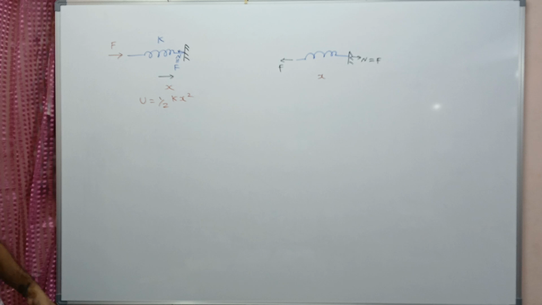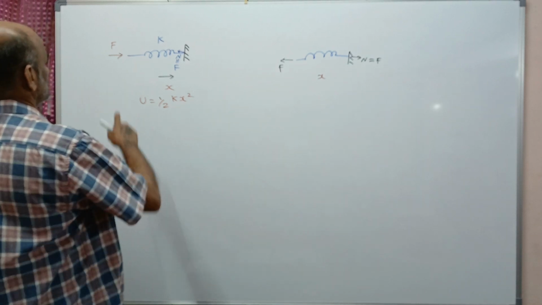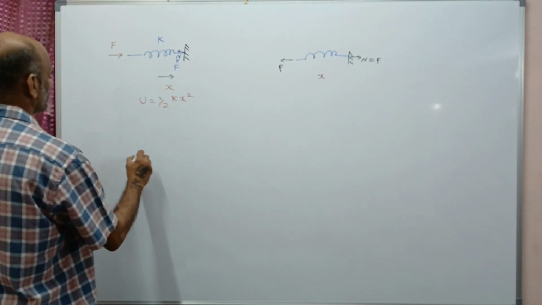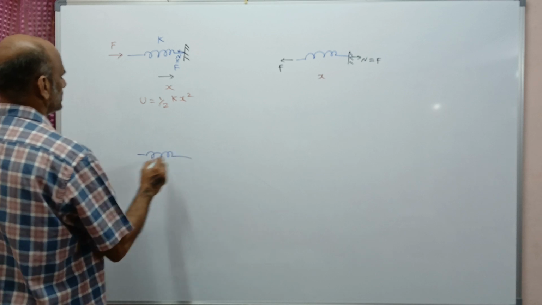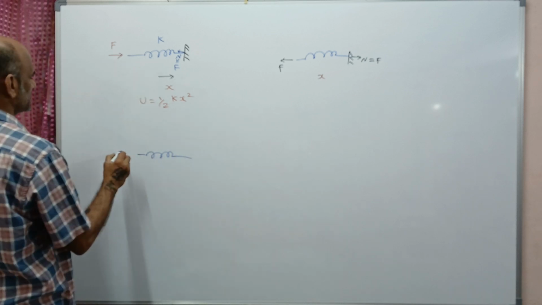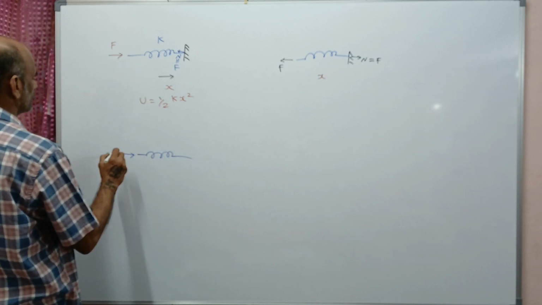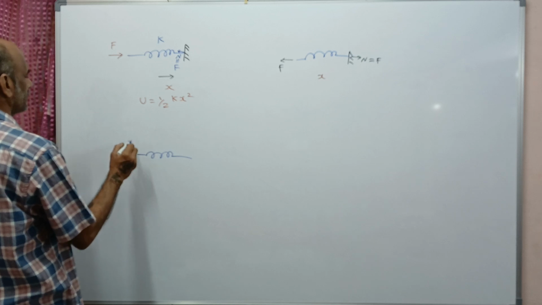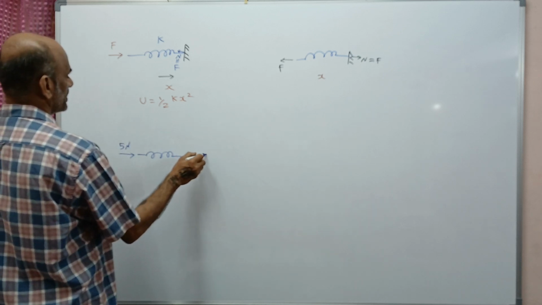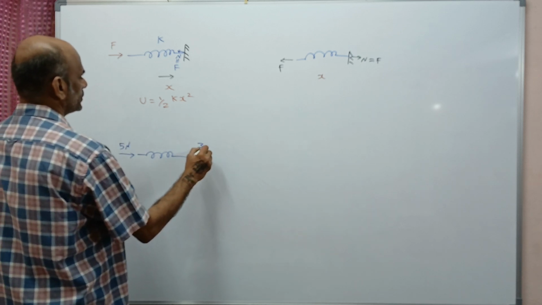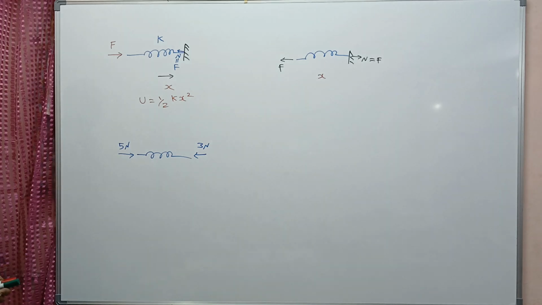There is one more interesting point. Suppose instead of applying equal force at both the ends, for example here I apply a force of say 5 Newton, and at this end I apply a force of say 3 Newton. In this case, will it get compressed?